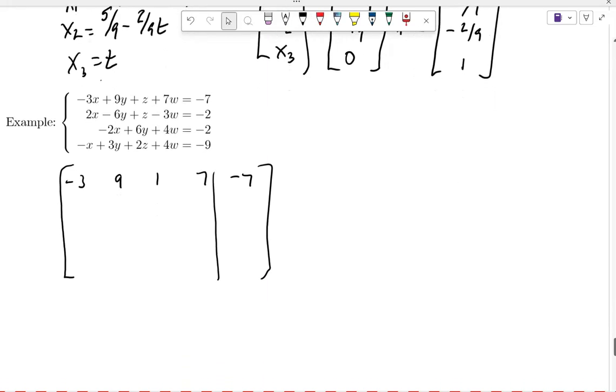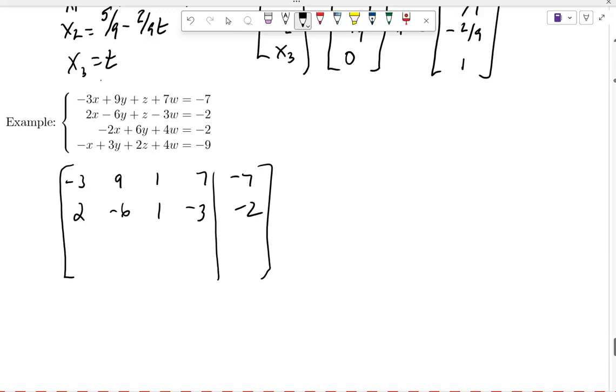Again, order of the variables doesn't matter as long as you're consistent as you move from row to row, right? I don't want to use my X for my first column in the first row and then use my Y in the first column in the second row. The order doesn't matter as long as you're consistent as you move down and you know what order you've used. Okay. So the next one would be 2, -6, 1, -3, -2.